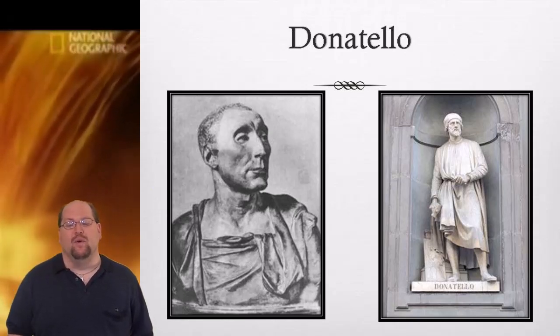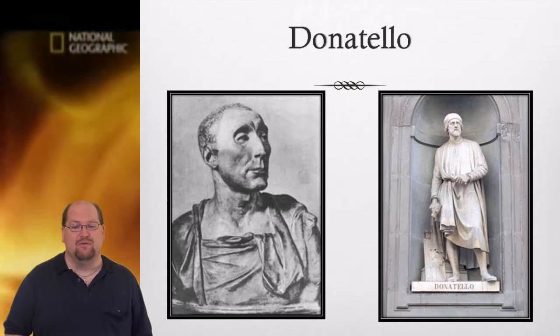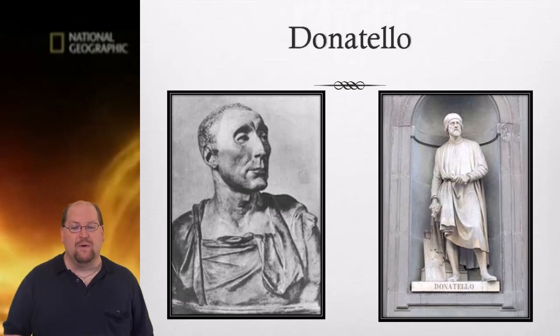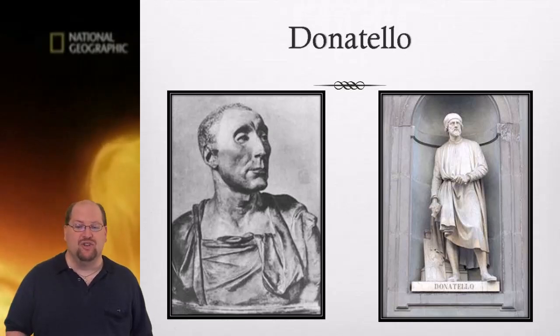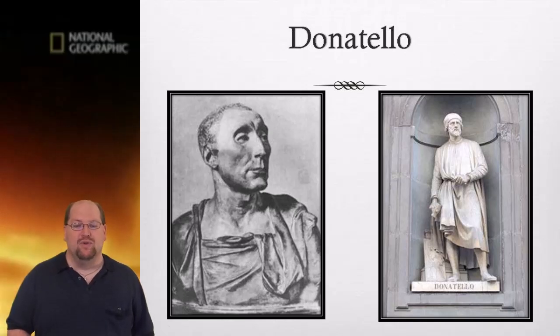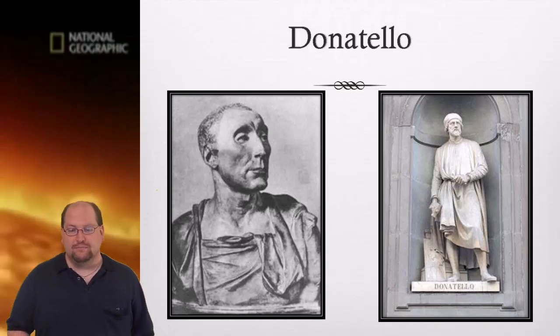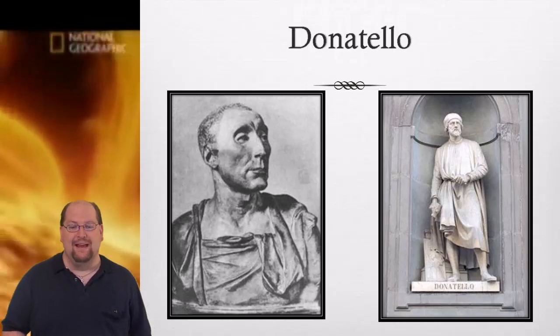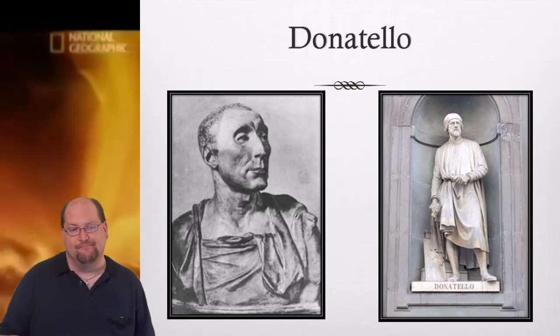He left Florence in 1433 when Cosimo de' Medici was exiled, and he moved to Rome. While there, he created the Tomb of Giovanni Crivelli and the Cibo­rium, which is in St. Peter's Basilica. In May of 1434, he was able to return to Florence and continue to create other works of art.